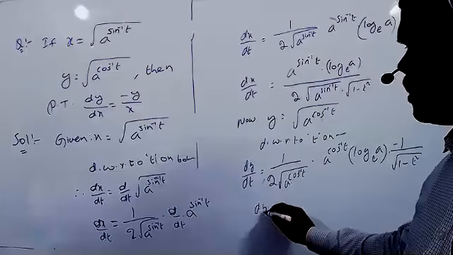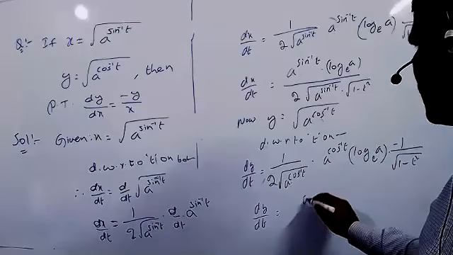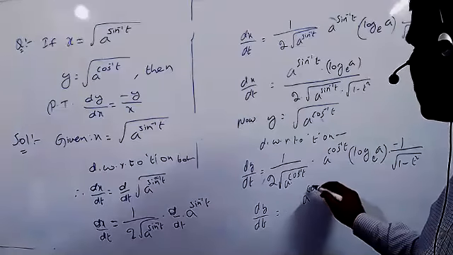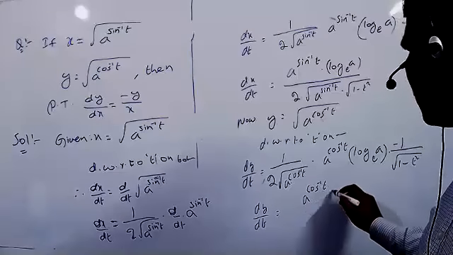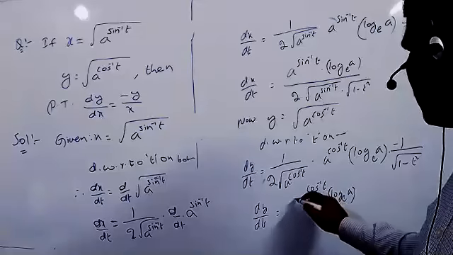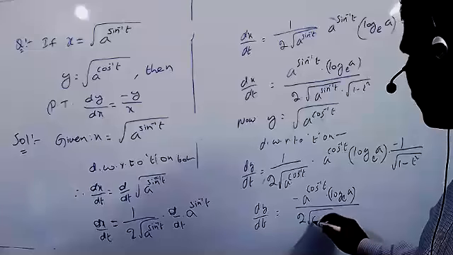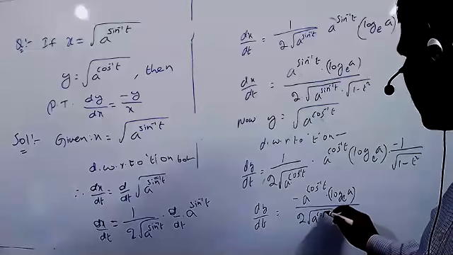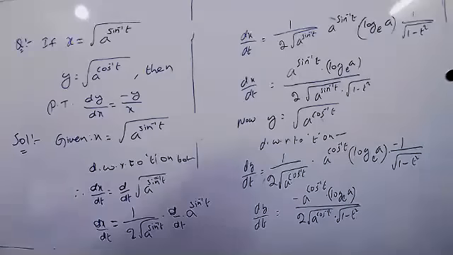So therefore dy by dt equal to a power cos inverse of t into log a base e with a minus sign, whole by 2 into root of a power cos inverse of t into root of 1 minus t square.